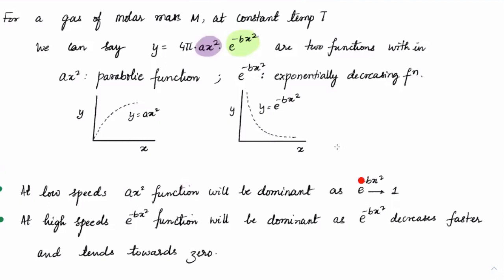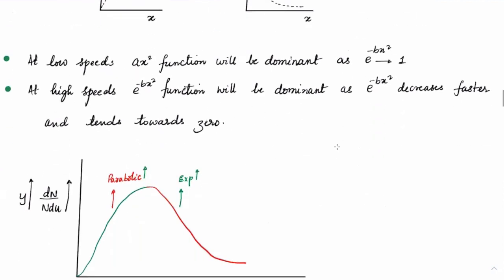This exponential value almost reaches 1 because at low speeds x is very small, so it is e raised to power of minus some small value, which tends to 1. So a x square will be the more dominant function at lower speeds. But at higher speeds, the exponent becomes so big in negative that the term becomes almost 0, so it drags the curve down to 0. Got it? That's why the overall function first has a parabolic part and then an exponential part dragging towards 0, and it always gives a maxima at some point.